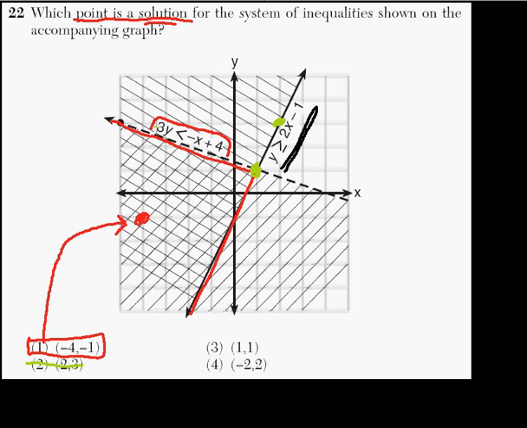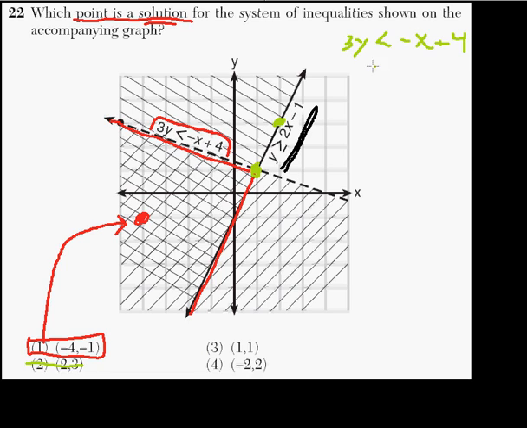But notice that 3y less than -x plus 4 is a dotted line. That means that any point on the line is not a solution. We can see that because 3y must be less than -x plus 4.